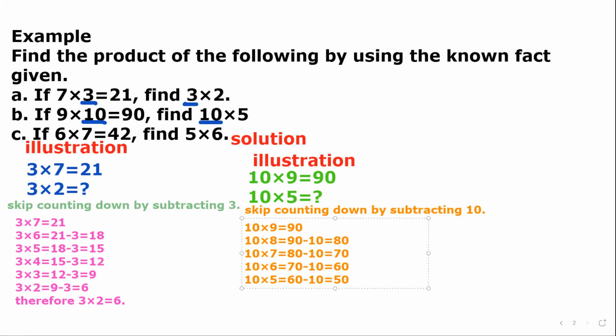Okay. The answer is 50. Therefore, 10 times 5 is equal to 50. Okay.